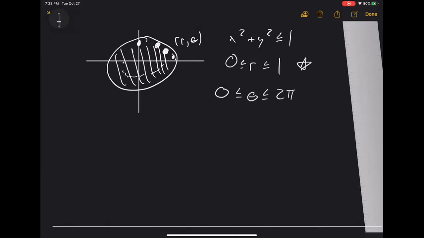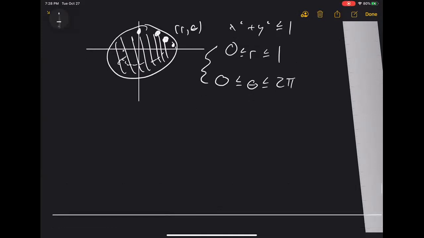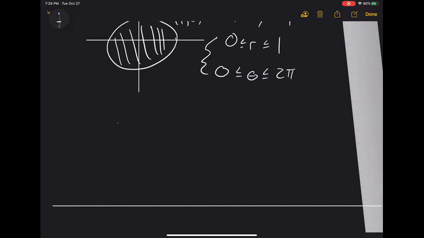Now, why does this work? Let's say I have this region, and let's pretend I'm writing down all the points by hand. I'm writing down each pair r, theta. Well, there's an infinite number of them, right?